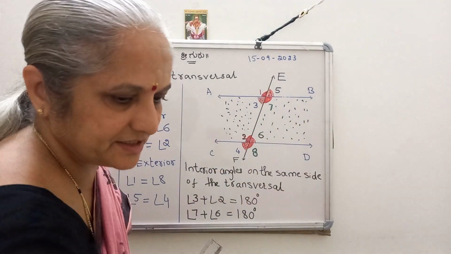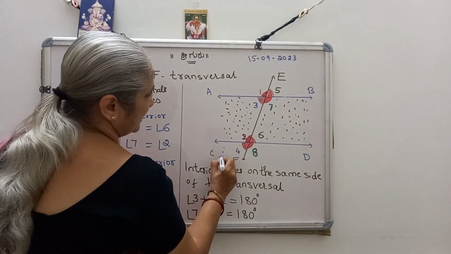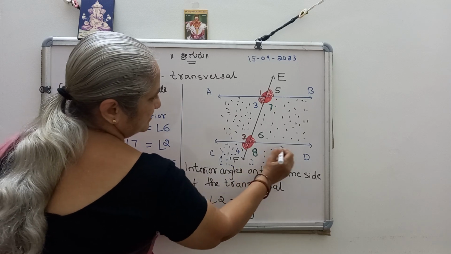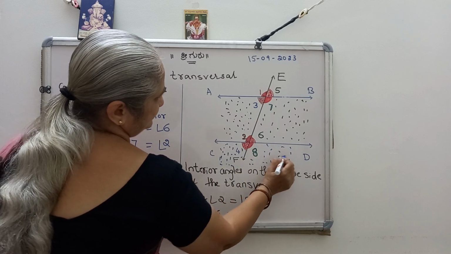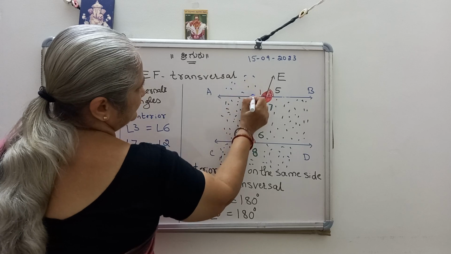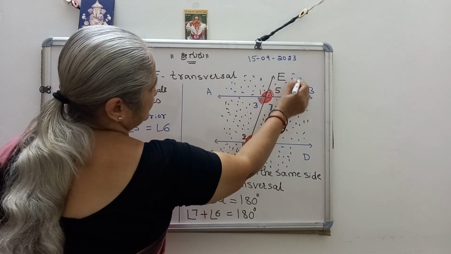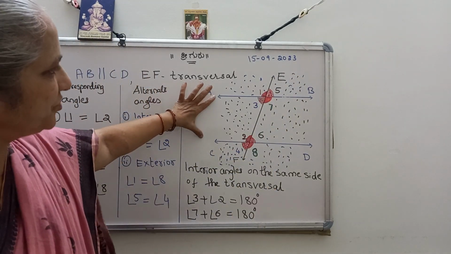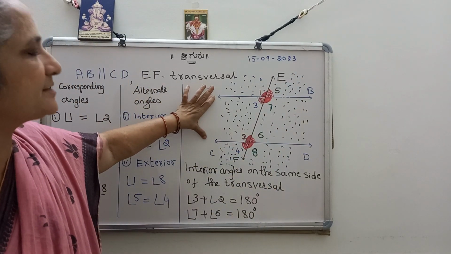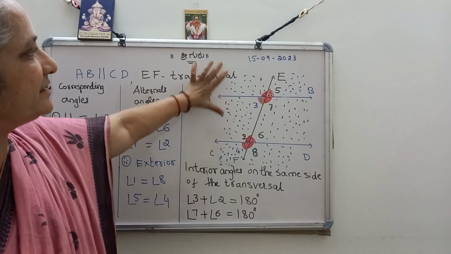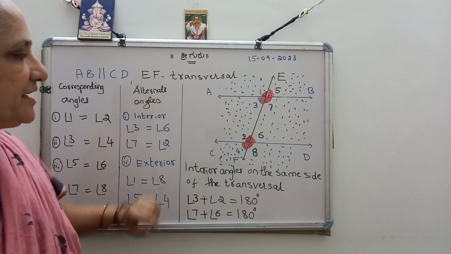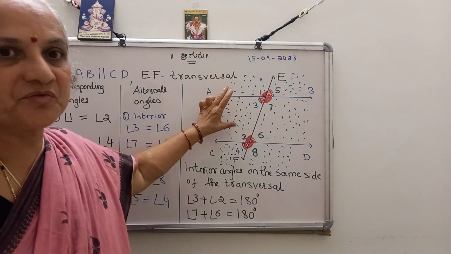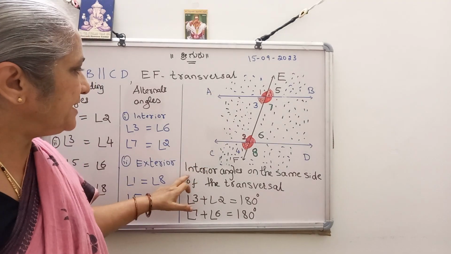And this is the region outside the parallel lines. The angles formed inside these two lines are called interior angles and the angles formed outside the parallel lines are called exterior angles.